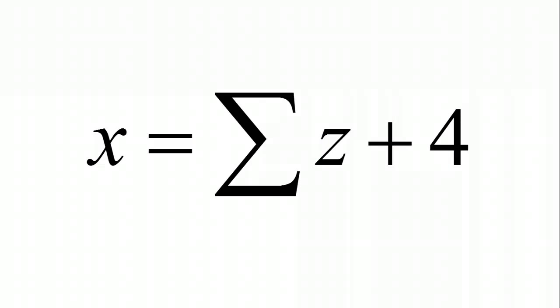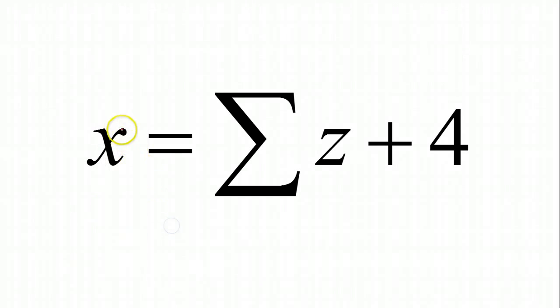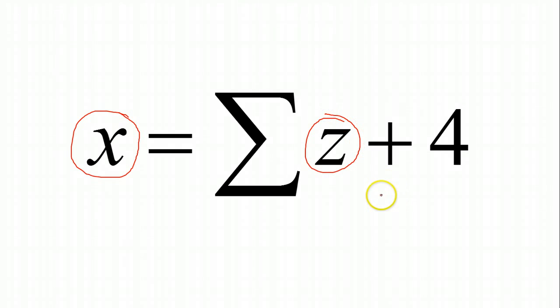So for example, when you're using a cell in Excel, you could do a sum function, which is designated in this particular formula by the sigma symbol. Additionally, you'll see within this equation that I'm using right now that I have algebraic variables like x and z.